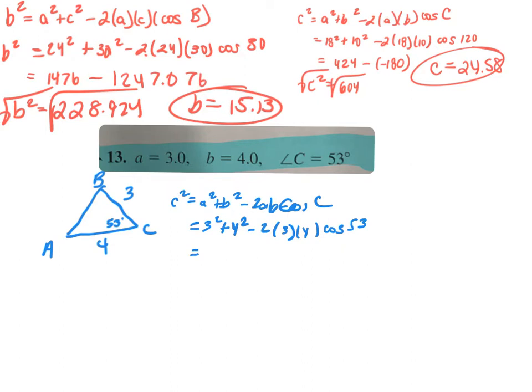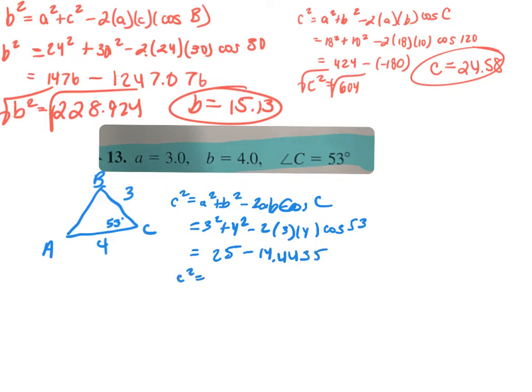So I have 9 plus 16, 3 squared plus 4 squared, 25 minus 2 times 3 times 4. So 2 times 3 is 6, 6 times 4 would be 24 times the cosine of 53. So 2 times 3 times 4 times the cosine of 53 gives me 14.4435.